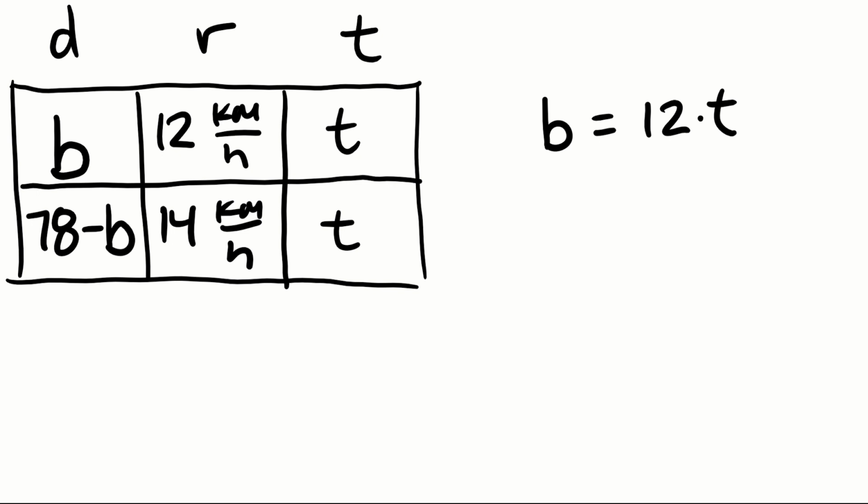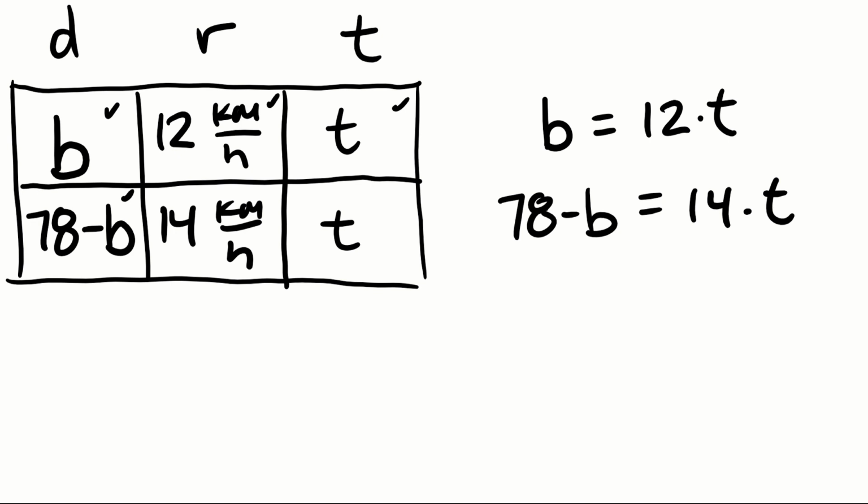And for Ingrid, her distance traveled, which is 78 minus b, is going to equal 14 times t. Again, all I'm doing is taking the box for distance, which equals the rate times the time, and I'm doing it for each.